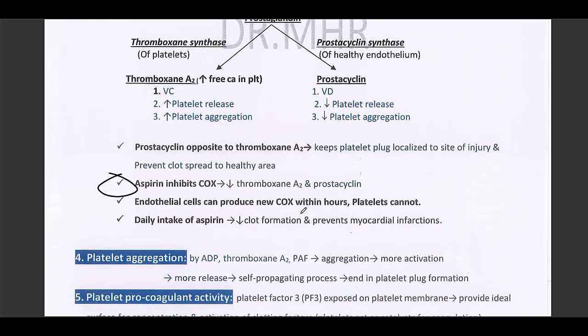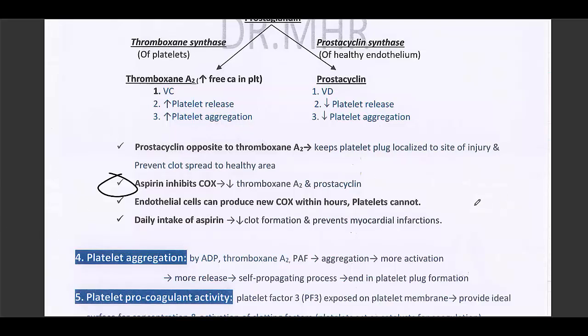So aspirin is a good drug to prevent thrombosis and emboli. Endothelial cells can produce new COX within hours. Okay, platelets cannot. Daily intake of aspirin decreases clot formation and prevents myocardial infarction.